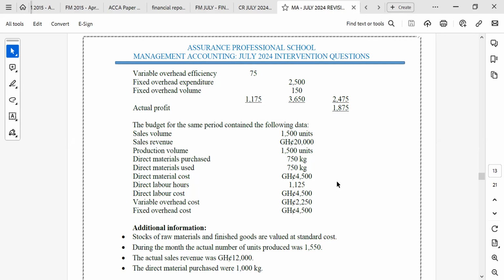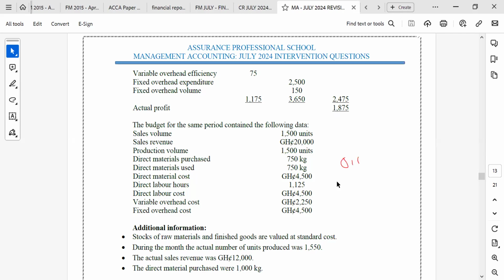Can we calculate the standard material usage per unit? We are producing 1,500 and we are using 750 kilograms. What would be the kilogram per unit? That would be 0.5, isn't it?